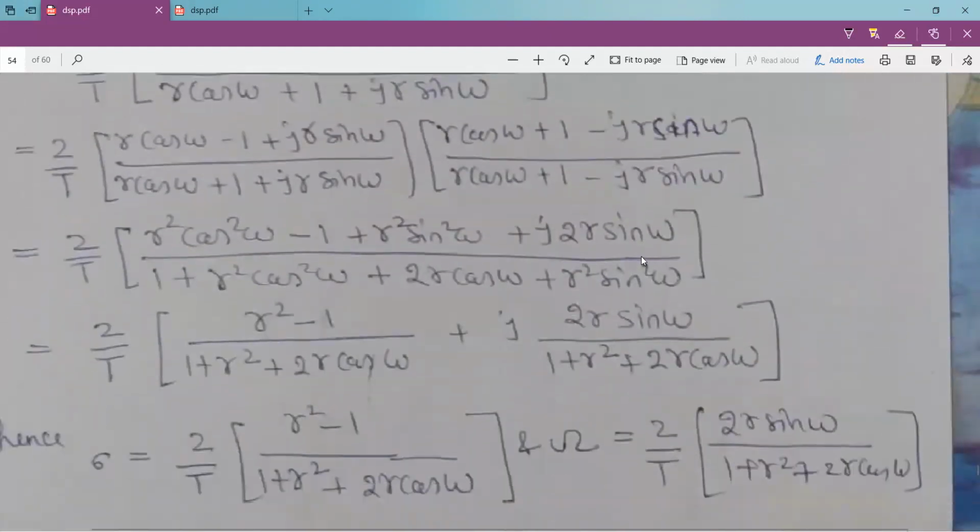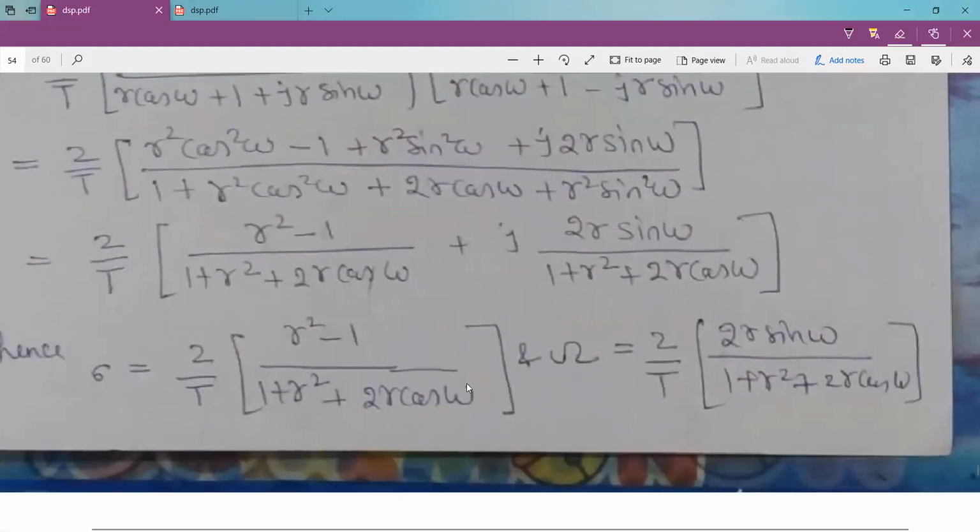From this relationship we will conclude something. What? That if R is a value less than 1, meaning all the poles in the Z-plane lie inside the unit circle, that will have the radius R less than 1. So if R is less than 1, because of the square, this will be a quantity always less than 1 but positive.